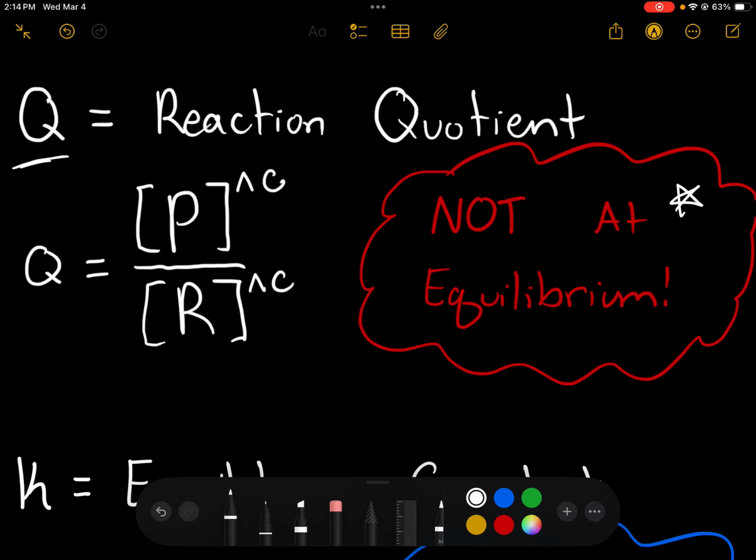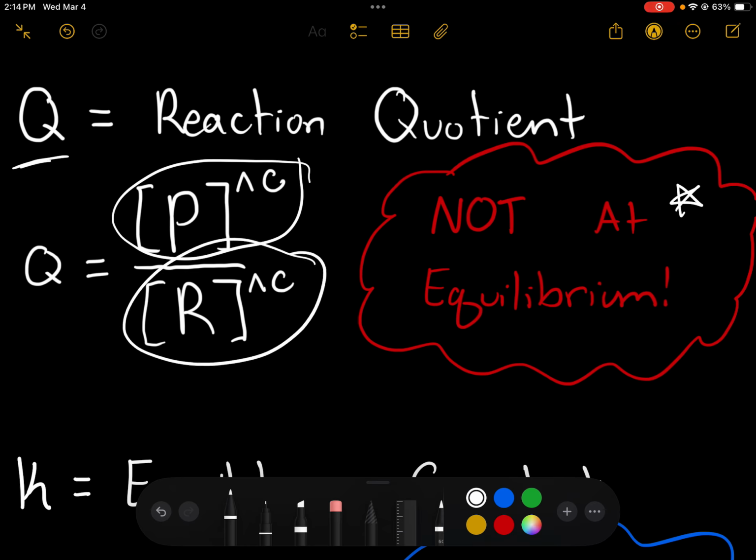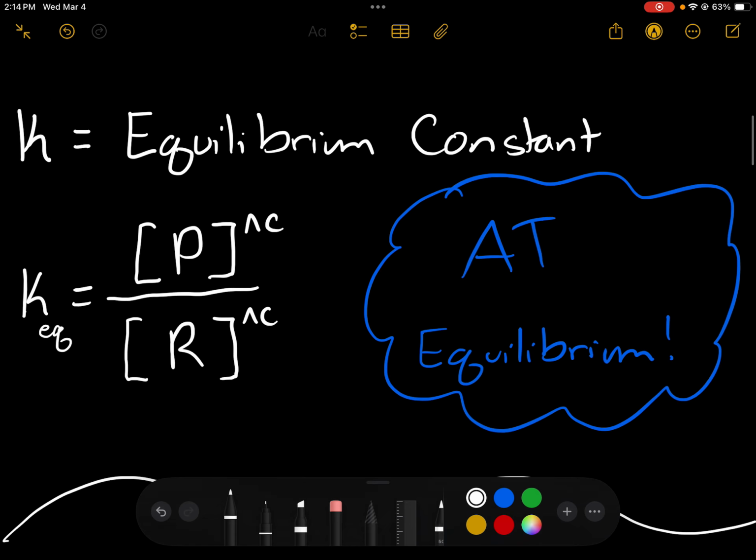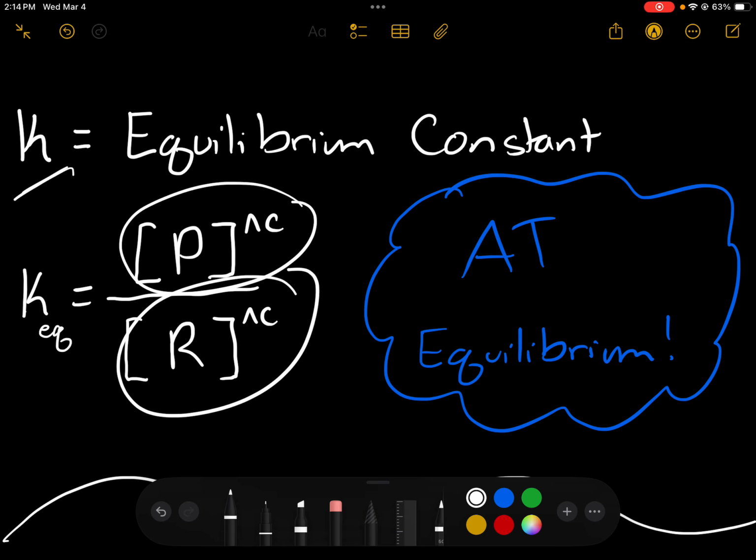We do that by looking at the ratio of products to reactants, so products divided by reactants, and those are raised to the power of their coefficients in the balanced chemical equation. When a reaction is at equilibrium, we look at a K value, which is the same thing. Again, we have our products divided by our reactants raised to the power of their coefficients.